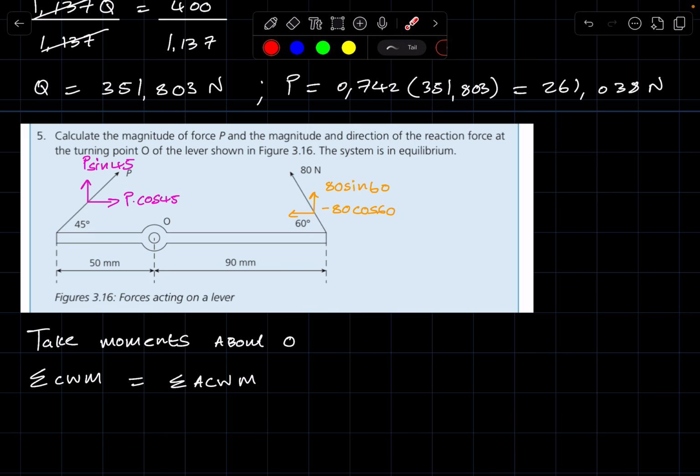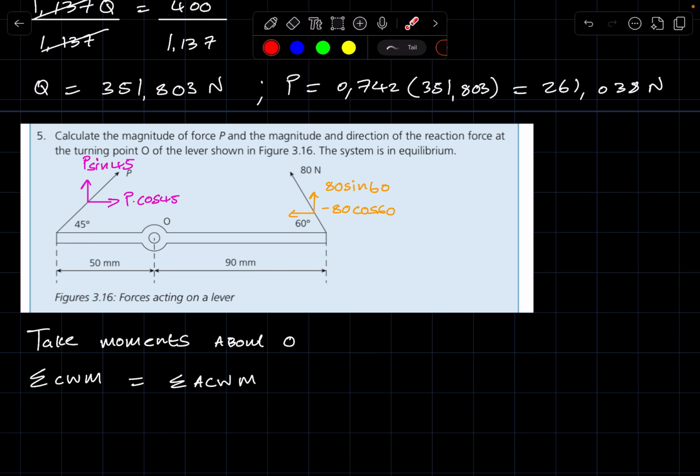If you look at this upward force, you look at the turning effect that this force would have towards point O. Remember, force P is being applied at this point, and we have resolved it into its components. Both of its components are essentially acting at this point.